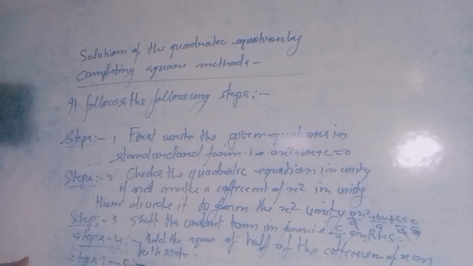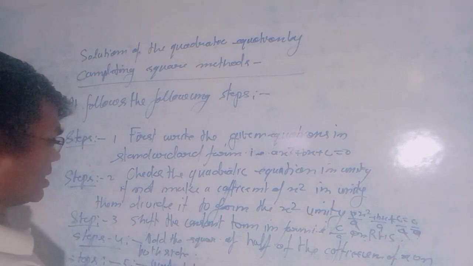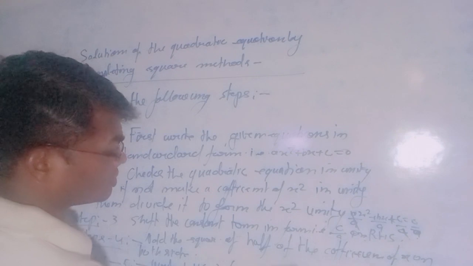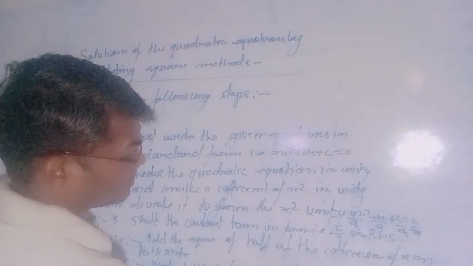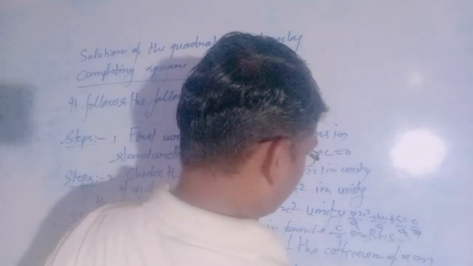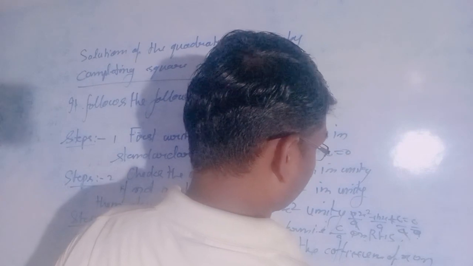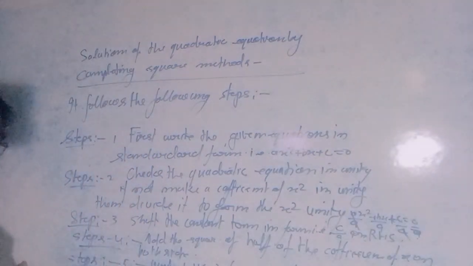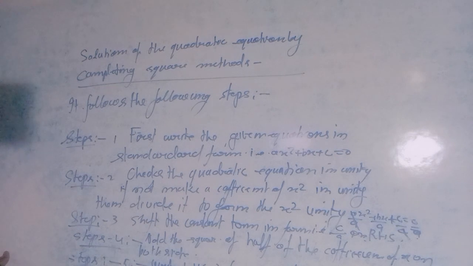Step 5: Write the LHS in the form of a complete square, and simplify the RHS. Step 6: What does step 6 tell us?